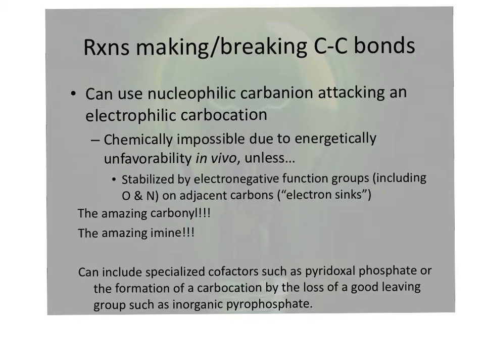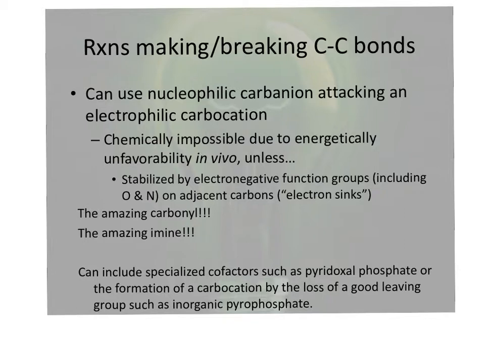They can use either a nucleophilic carbanion, which, what's a carbanion? I didn't have you guys for organic chem 2. It's a carbon that's negatively charged, so it can be a nucleophile. And you can have an electrophilic carbocation, which would be positively charged carbon.